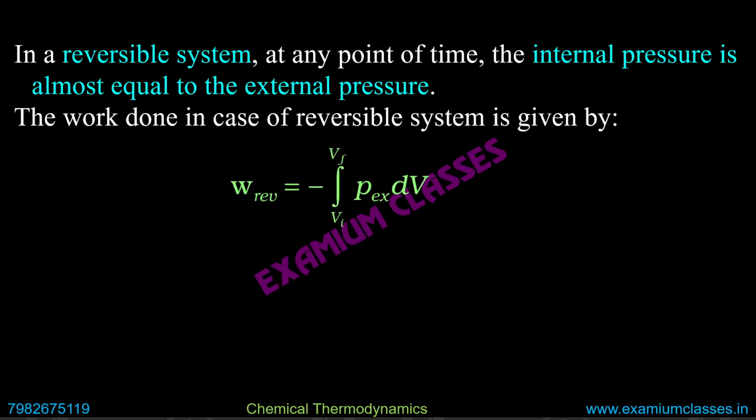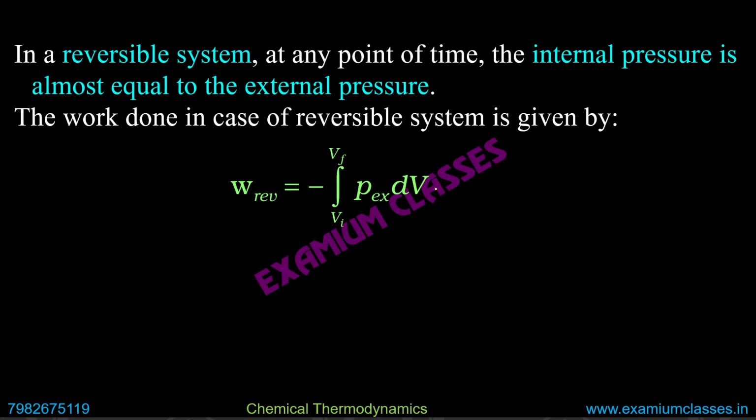The formula which you need to remember, and you will be using it in numericals: W reversible is given by minus integration from V initial to V final of P external dV. Now you don't need to use this formula like this. We will simplify this formula so that you remember the usable form.